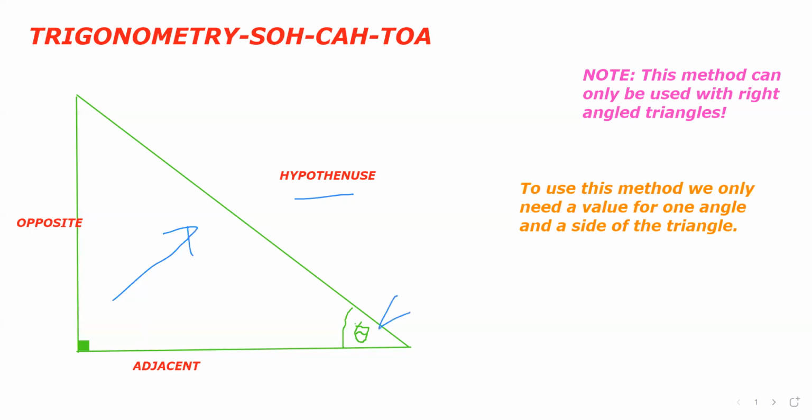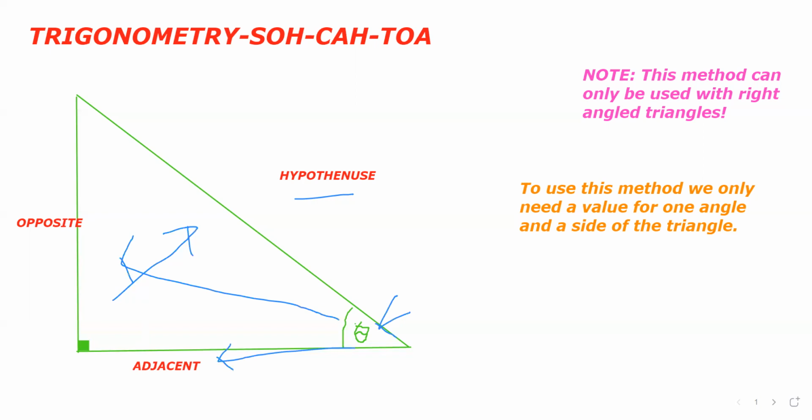This symbol here is called theta, which is a symbol for angle. So the side opposite to the angle is the opposite, and the side that lies along the angle, which is here, is the adjacent side.